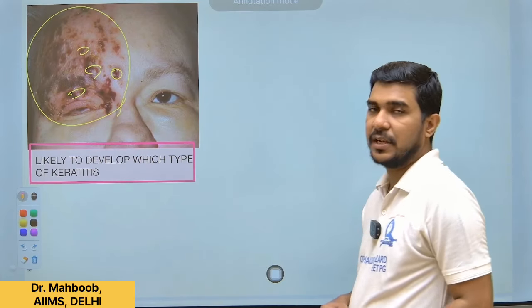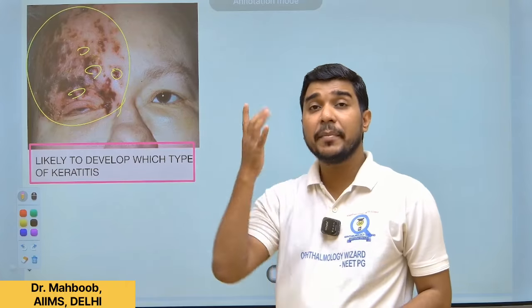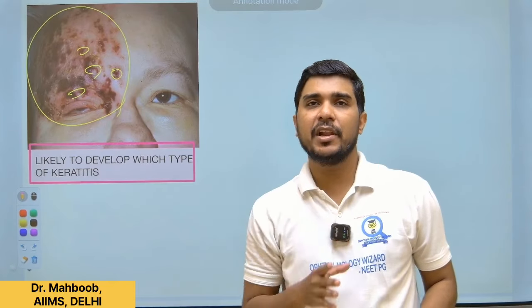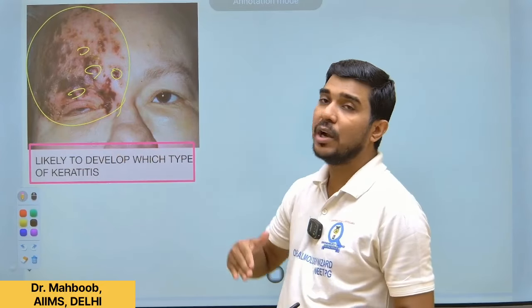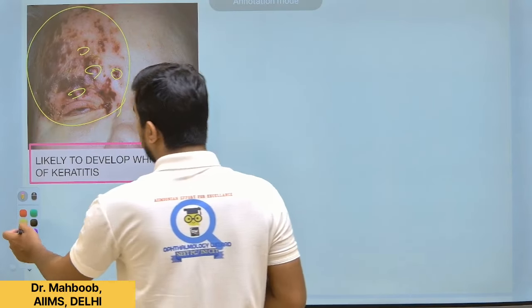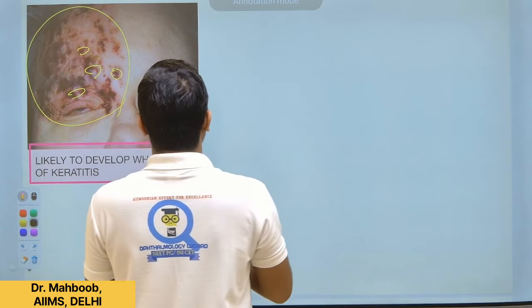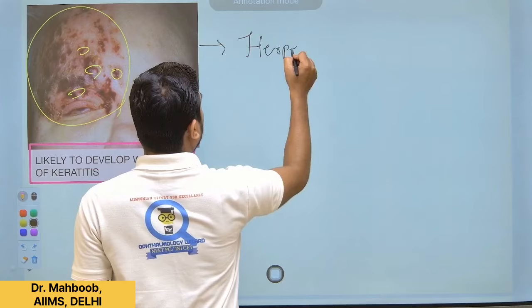Everywhere there is a vesicle. Basically it is skin involvement along the dermatome of the trigeminal nerve. If there is trigeminal nerve involvement, a vesicular lesion occurs. It's viral. And what among the viral? Herpes zoster. So it is herpes zoster here.